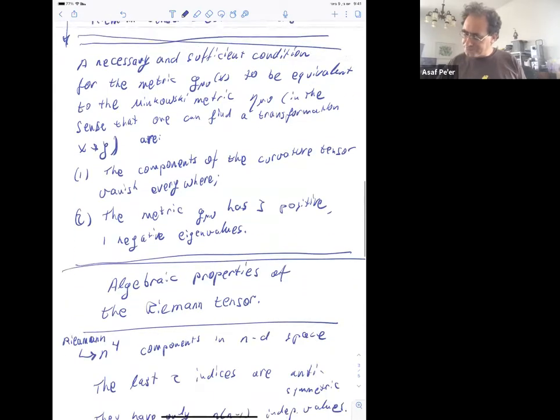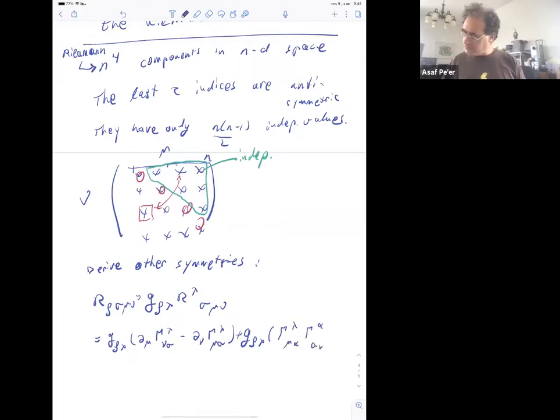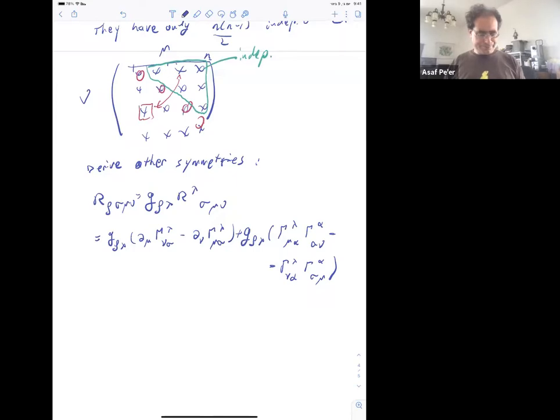Take it down and write it down as G rho lambda, D mu gamma lambda mu sigma minus D mu gamma lambda mu sigma plus G rho lambda gamma lambda mu alpha gamma alpha sigma mu minus gamma lambda mu alpha gamma alpha sigma mu. Okay, that's just plugging in the definition.